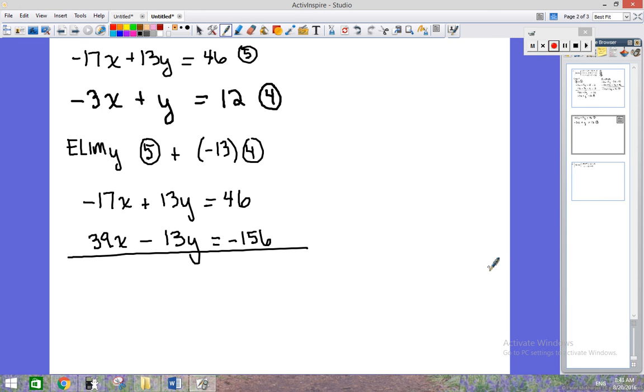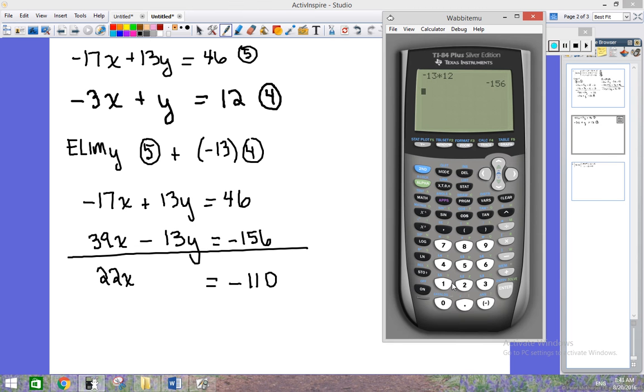So let's add these 2 equations together. This is eliminated, and we have negative 110. Both of these are even numbers, but they're both, it's not divisible by 11.